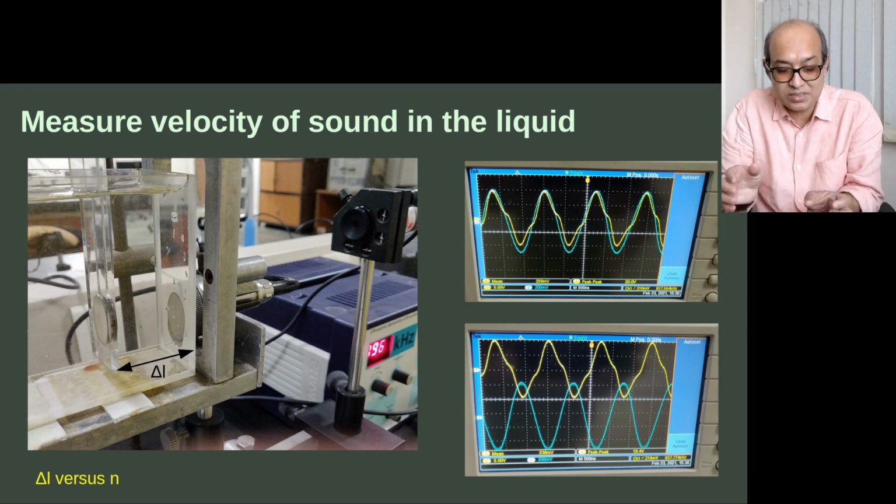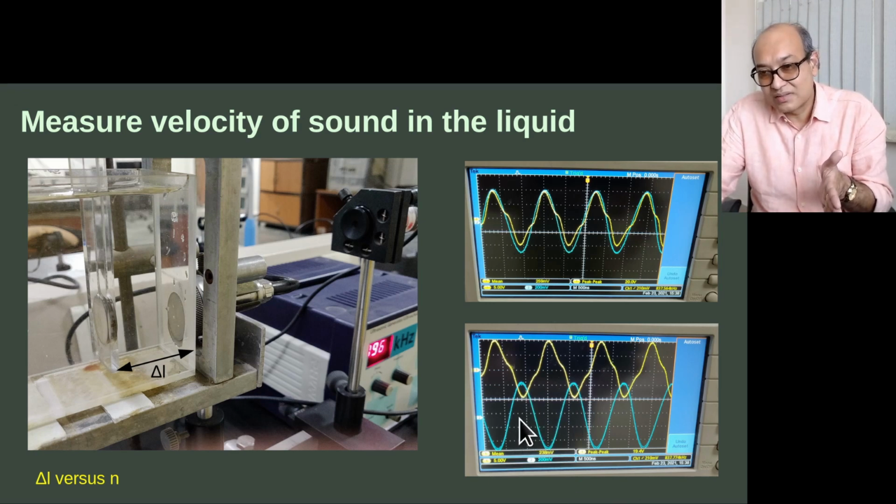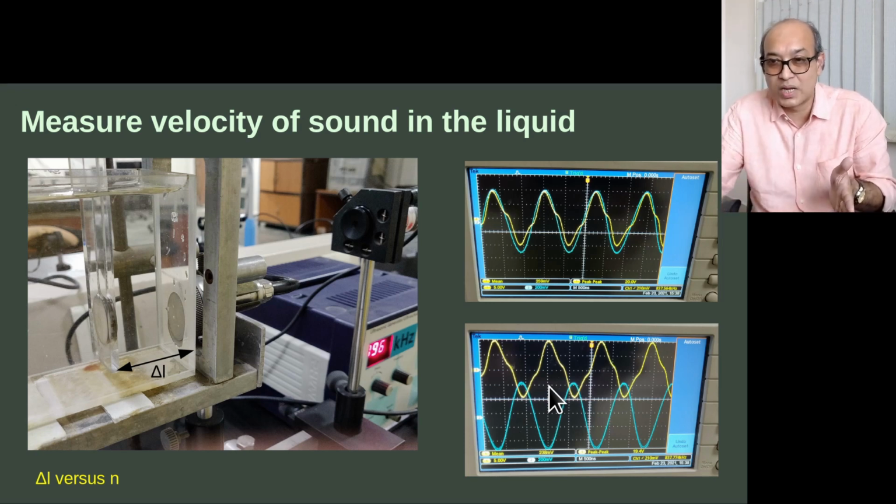So what you do is you move the receiver and simply count how many times the received wave crosses the source signal. Which means you can calculate how many wavelengths there are just by looking at how many times this blue tip is crossing through the trough of the yellow source waveform.